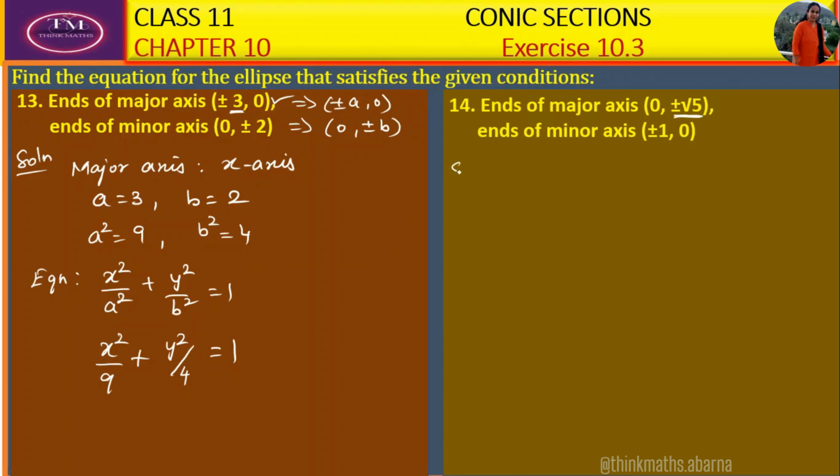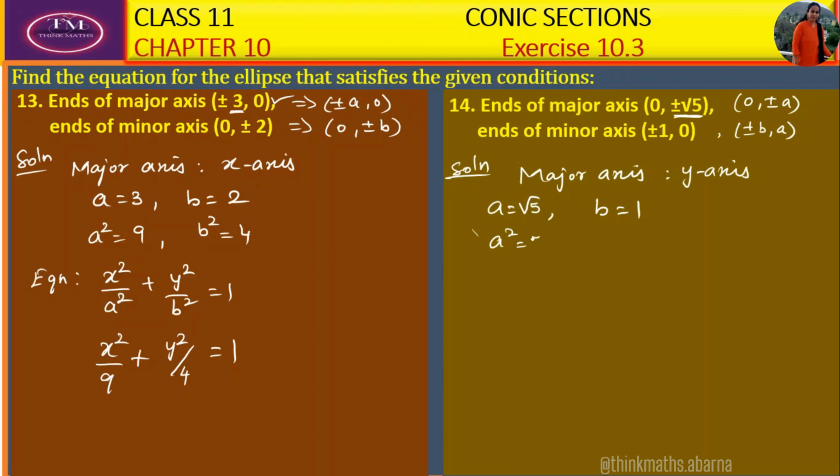That means the major axis is the y-axis. So the major axis will be 0 comma plus or minus a, and the minor axis will be plus or minus b comma 0. So a is equal to root 5, b is equal to 1. So a square equal to 5, b square equal to 1.